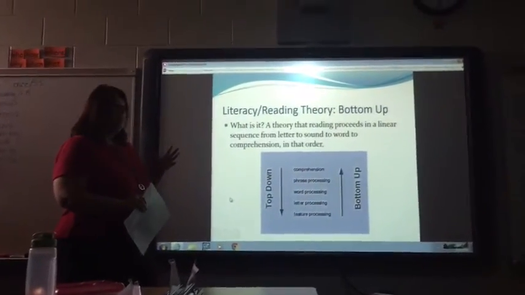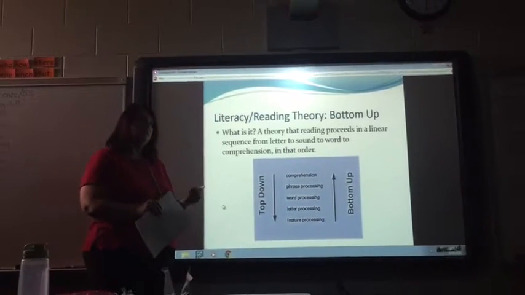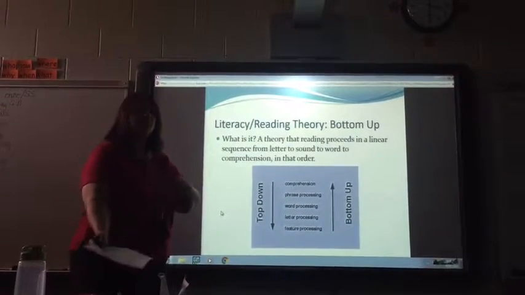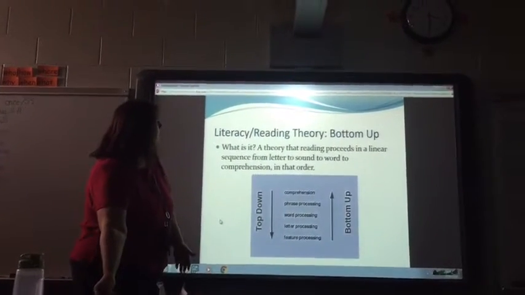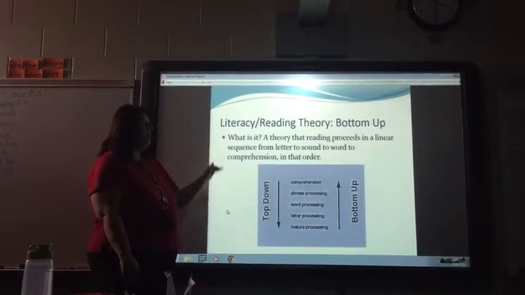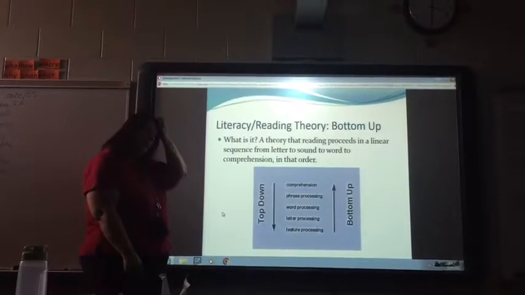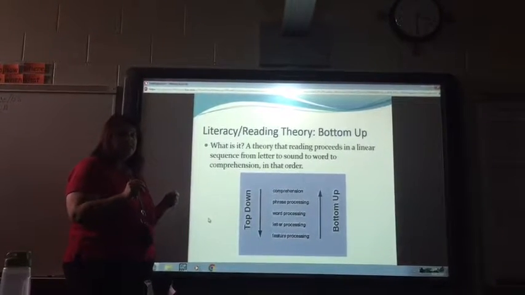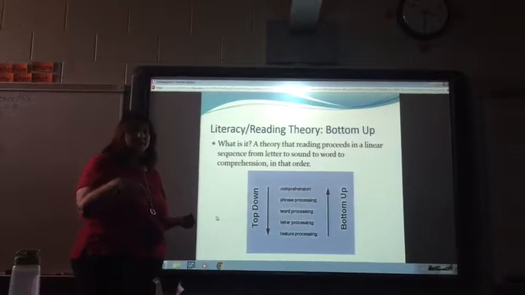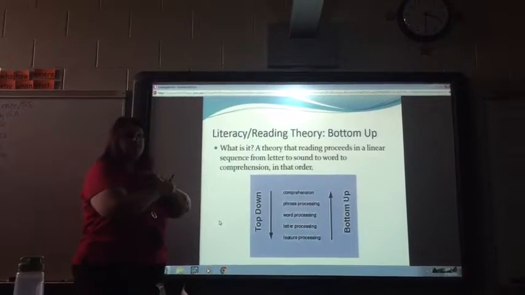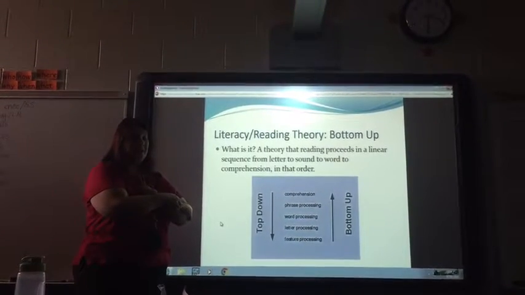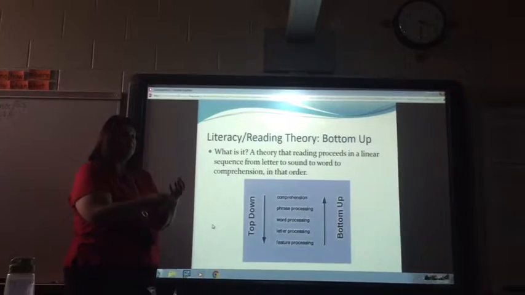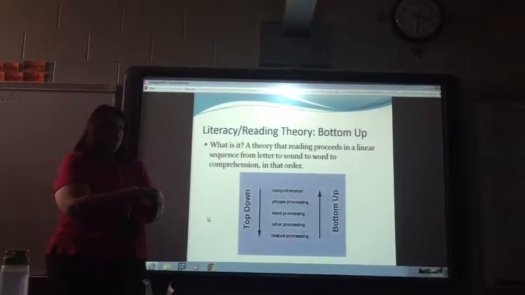So that information processing theory, springing up from that, is the bottom-up theory, and that contrasts with another learning literacy theory known as top-down. And I want to go ahead and say, I found a lot of conflicting research on those two.